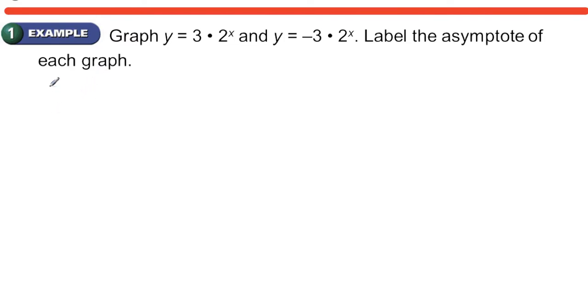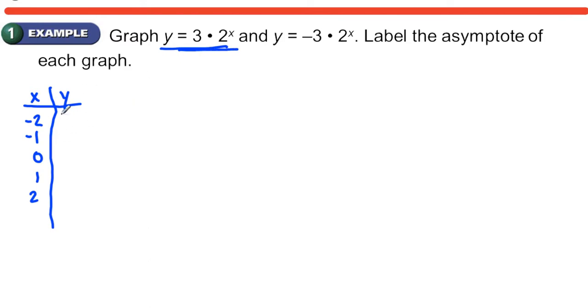I don't like doing the combined, and I know that it was nice and neat for the textbook, but that just was something I was never good at. It would end up distracting me, and I would inevitably mess something up. So I'm going to do y equals 3 times 2 to the x in blue, and then I'll do the other one in a different color.